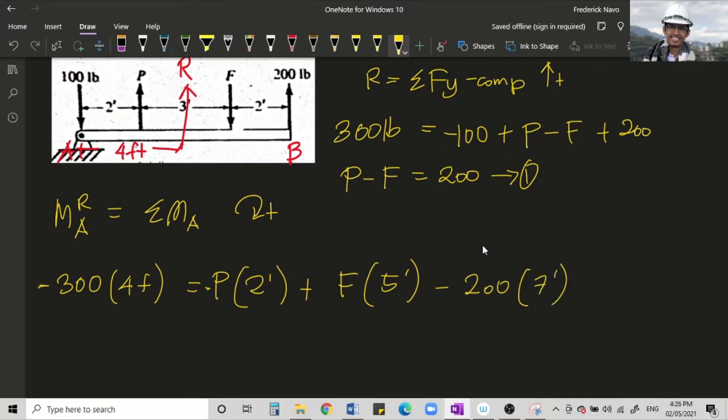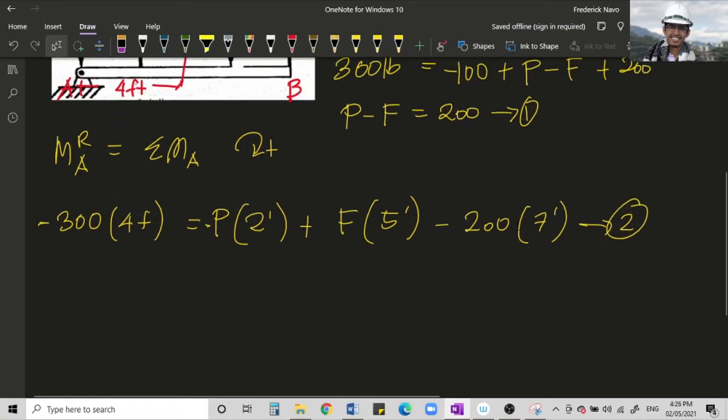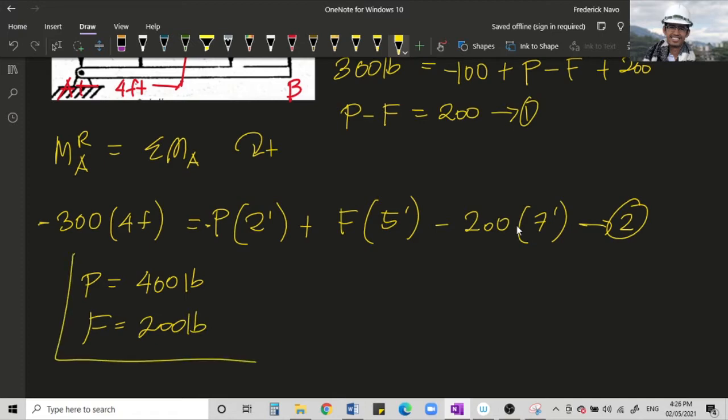And we can solve for the force P and F by solving the two equations simultaneously. So let us call this equation 2. Okay, so solving the two equations to unknown, so it will give us force P is equal to 400 pounds, and our force F will be equal to 200 pounds. So this will be our final answer.